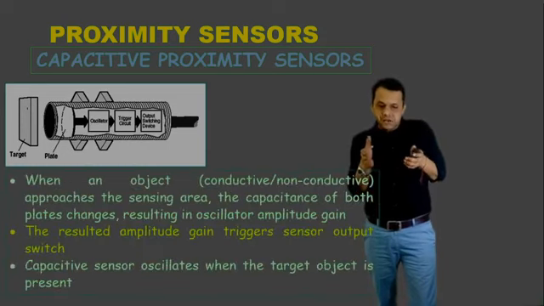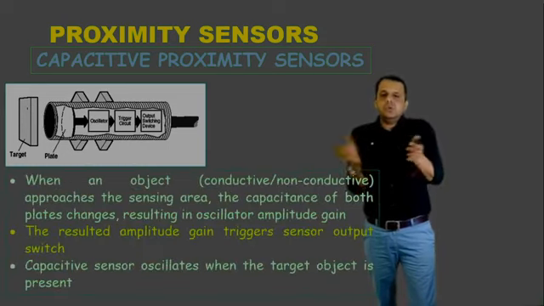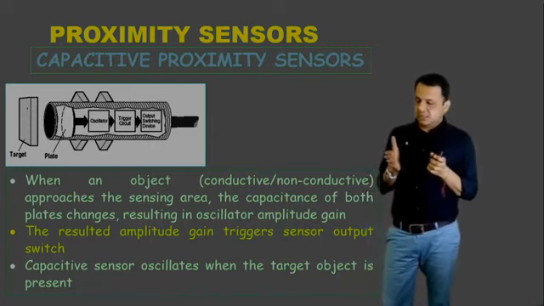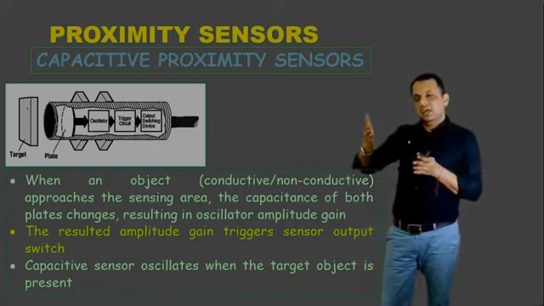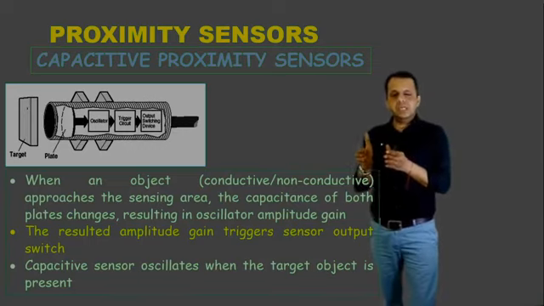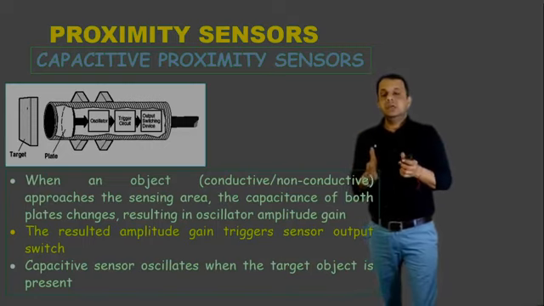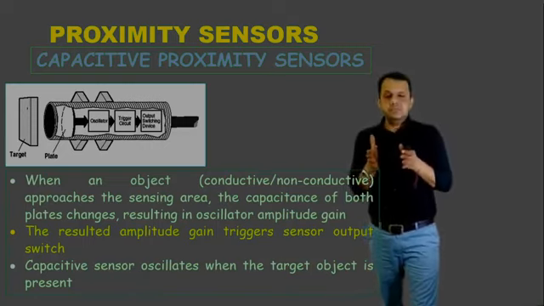When an object, conductive or non-conductive, is present, we are basically talking about the dielectric properties between the object and the face of our sensor. The dielectric remains the same because the environment doesn't change often.